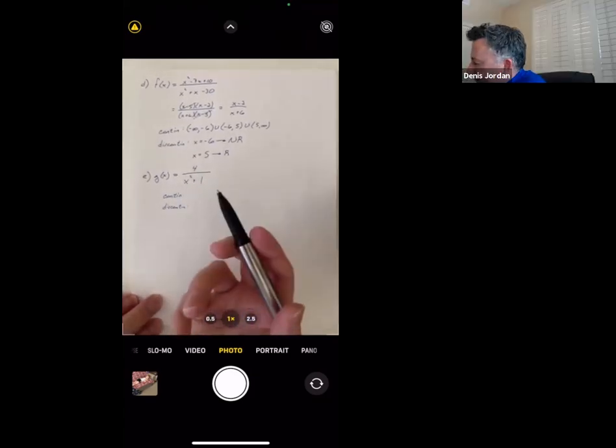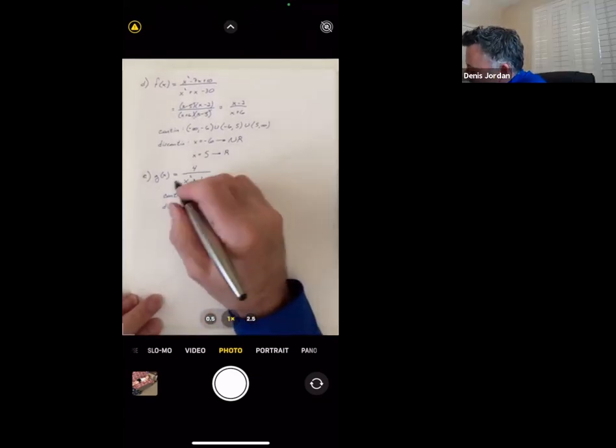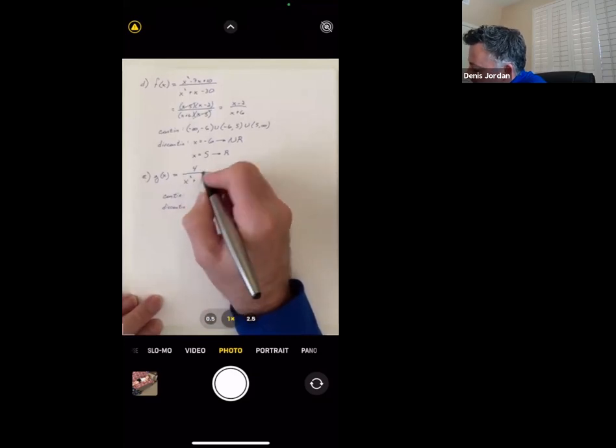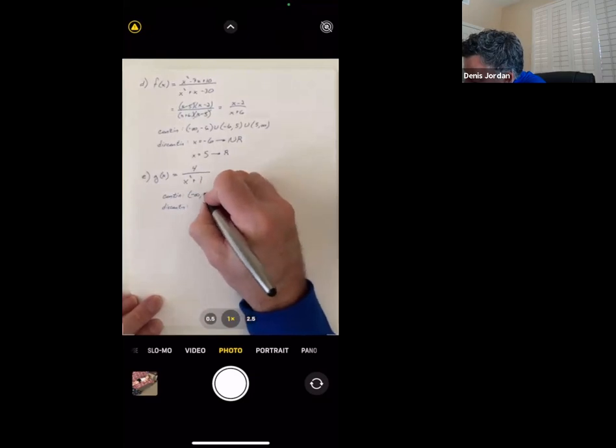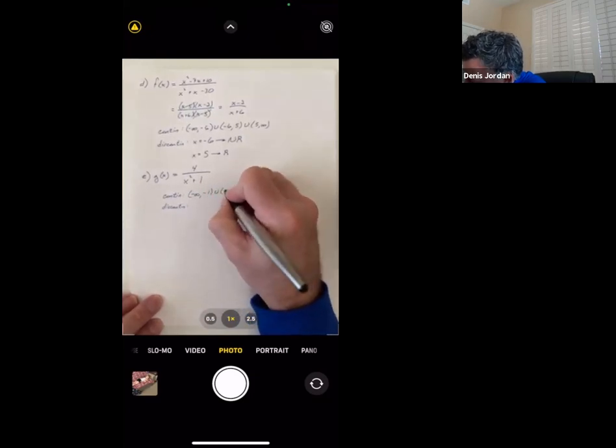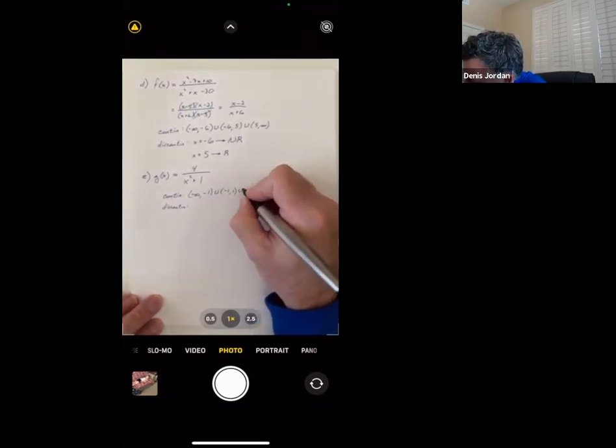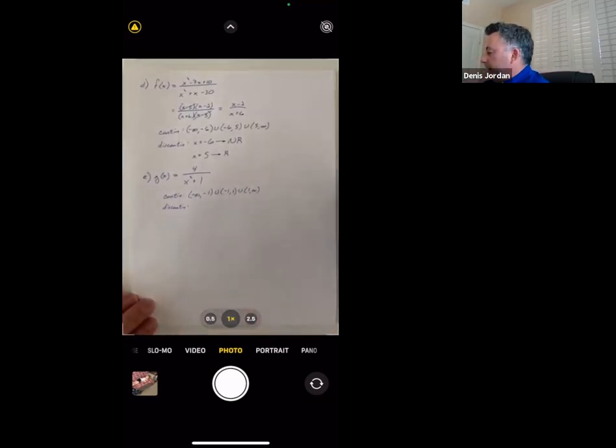Okay, now that you've thought about it for a little bit, is this true? Is this function continuous from negative infinity to -1, and -1 to 1, and 1 to infinity?